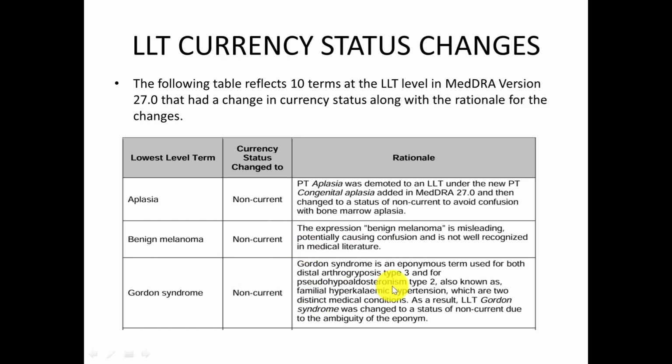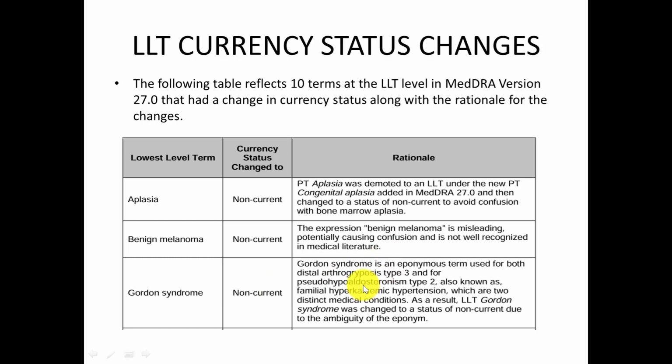Then Gordon syndrome: this term is used for distal arthrogryposis type 3, and also type 2, and sometimes known as familial hyperkalemic hypertension and so on. So this is a confusing term, and multiple other conditions are called Gordon syndrome. That's why it was made non-current.